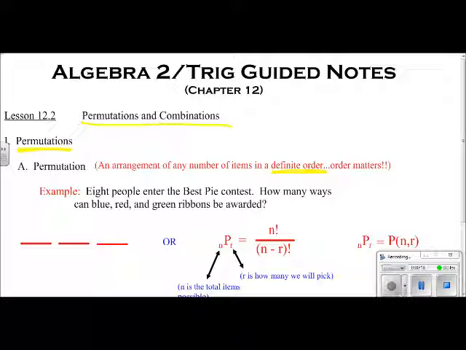A real-life example of permutations would be bike locks, where let's say I have a bike lock whose combination, or should I say permutation, is 1, 2, 3, 4. And you try to break into it by using the same numbers, but in a different order. So say 4, 1, 2, 3.